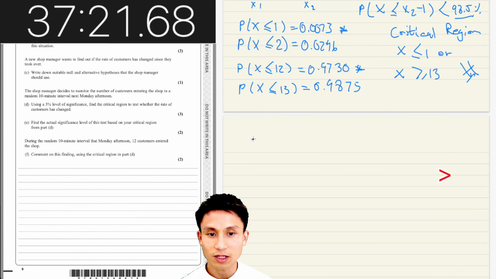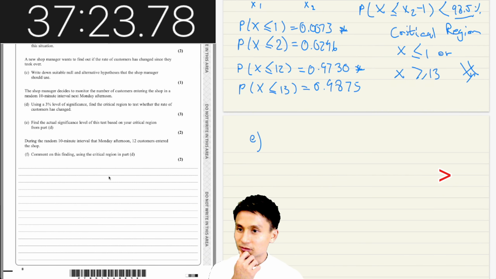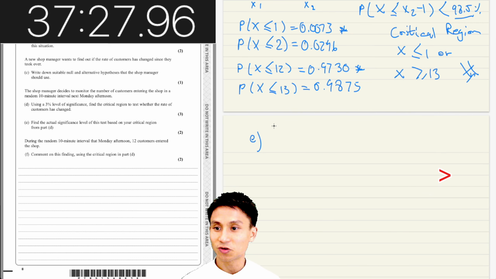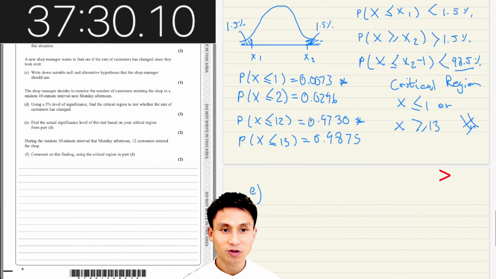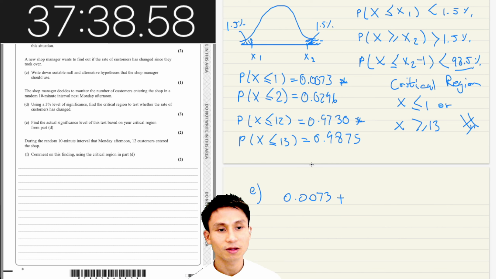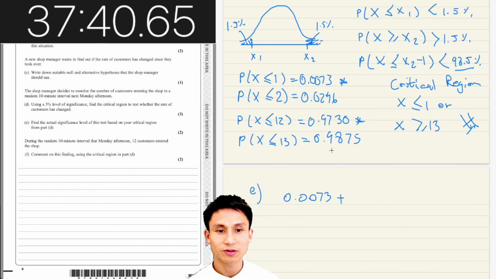Now question E. Find the actual significance level of this test based on your critical region in part D. So yeah, we just add up 0.0073 plus the probability of greater than 13. So yeah, we do 1 minus this, guys.